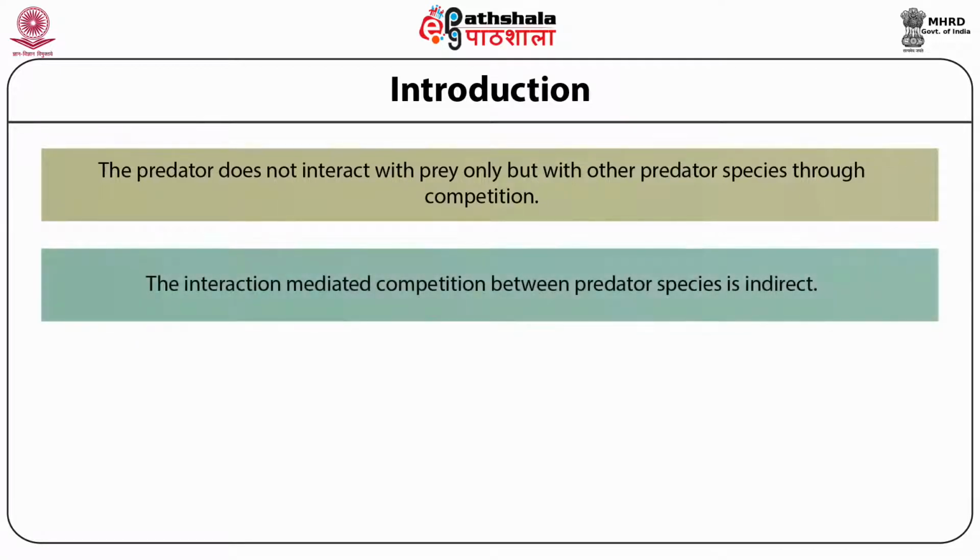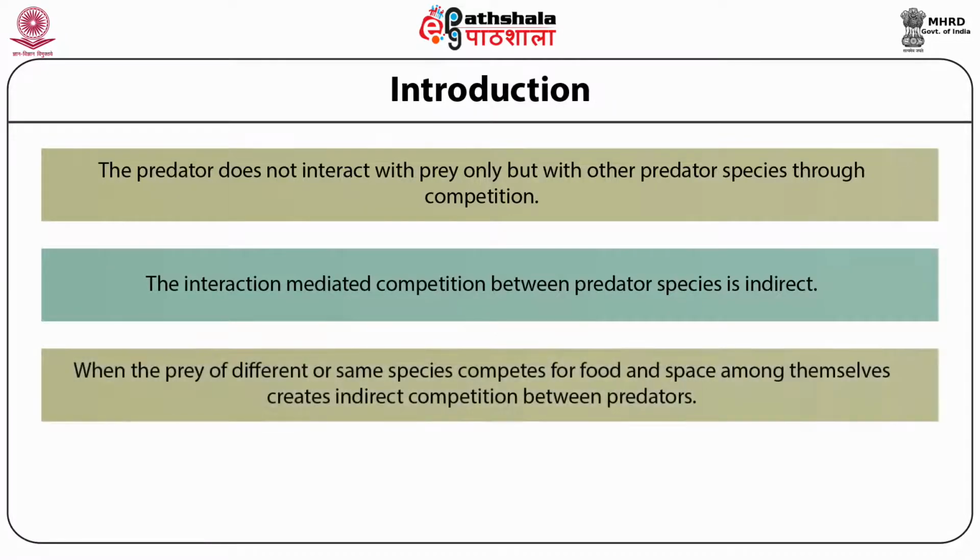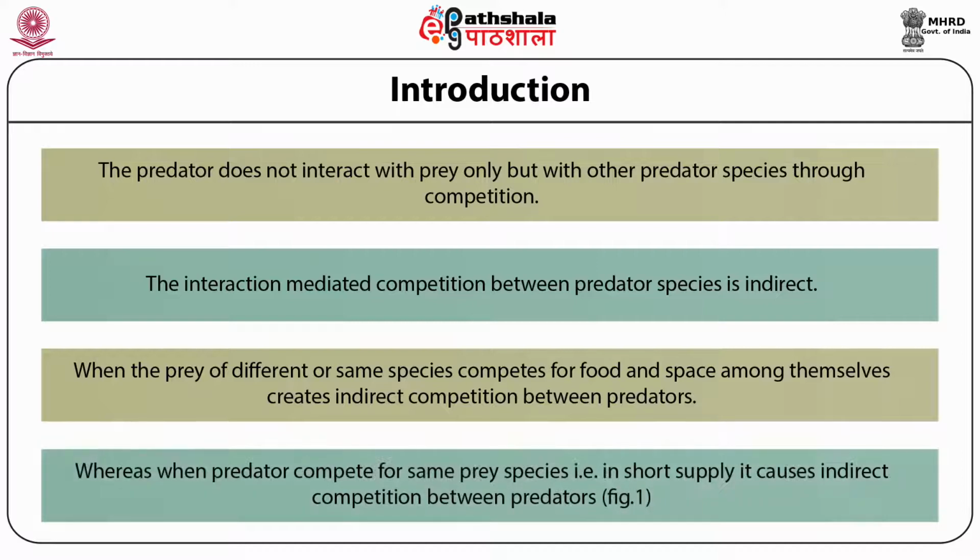The interaction-mediated competition between predator species is indirect. When the prey of different or the same species compete for food and space among themselves, it creates indirect competition between predators. Whereas when predators compete for the same prey species that is in short supply, it causes direct competition between predators.